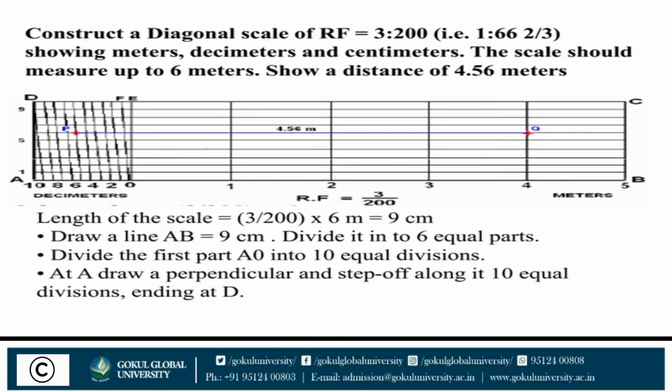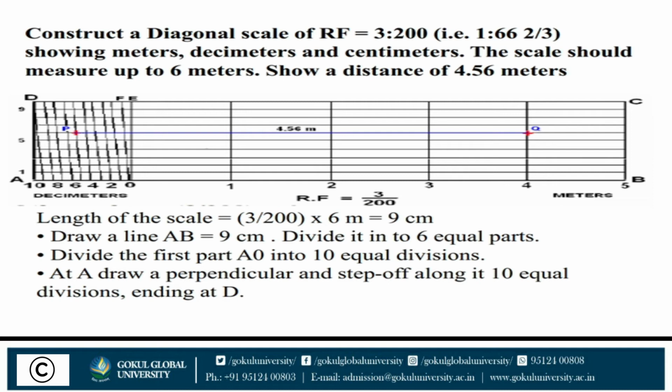Construct a diagonal scale of RF 3 upon 200 showing meters, decimeters and centimeters. The scale should measure up to 6 meters, showing a distance of 4.56 meters.